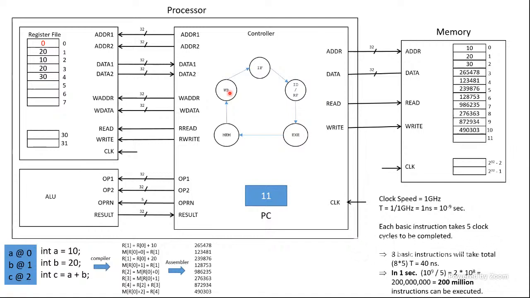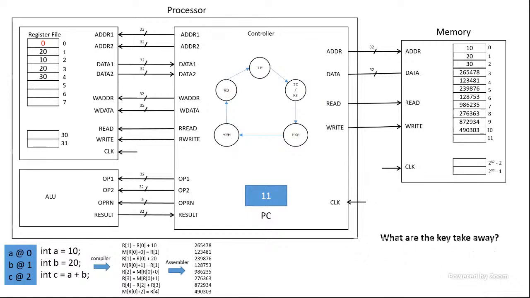But remember, the processor is executing things at a very, very high speed, and that's where the benefit comes from for any digital system. So what are the key takeaways from all this discussion? Before I go there, any question?